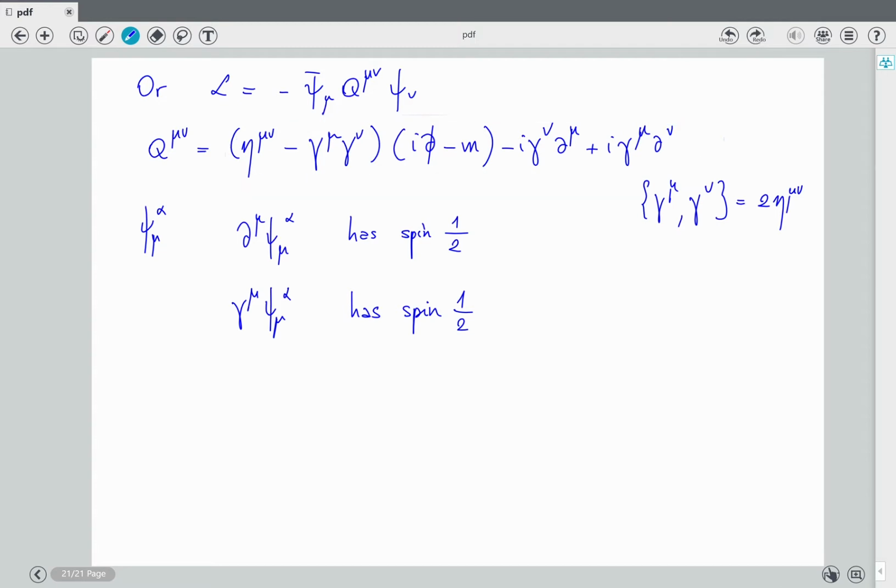So basically, you write down the most generic quadratic part, which should be linear in derivatives and the mass. And then impose the conditions.